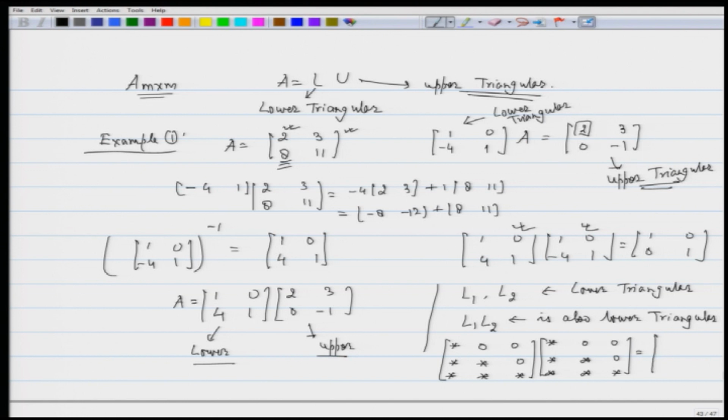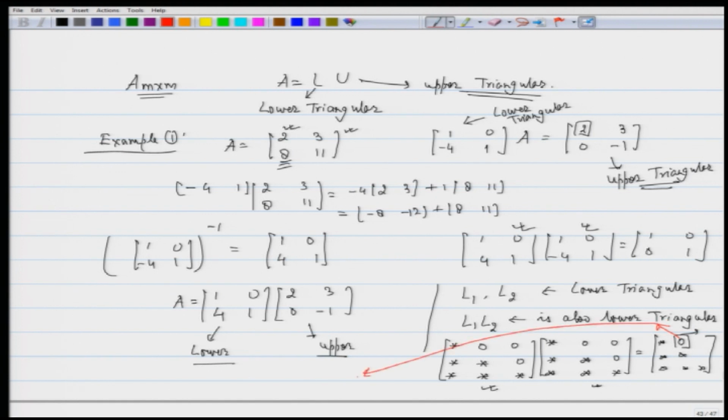Can I say that everything is nice here? Fine. So, I want to show that this entry I am not bothered about. I want to show that this is 0. Now, what is this entry? This entry is first row of this times the second here, all right. So, this entry here is nothing but, let me write it here.